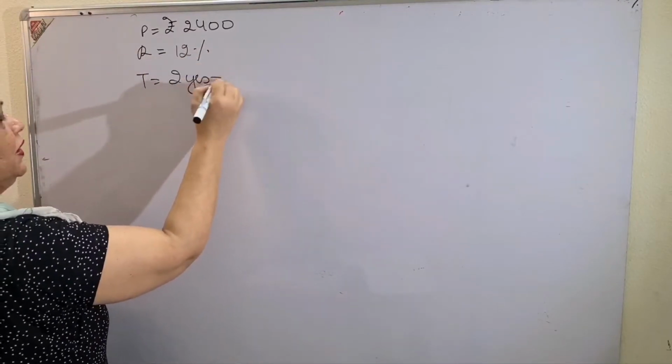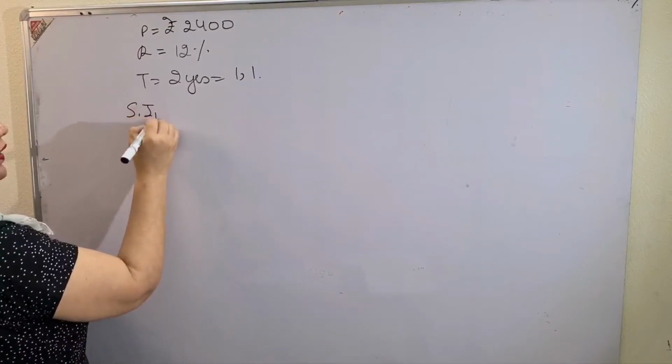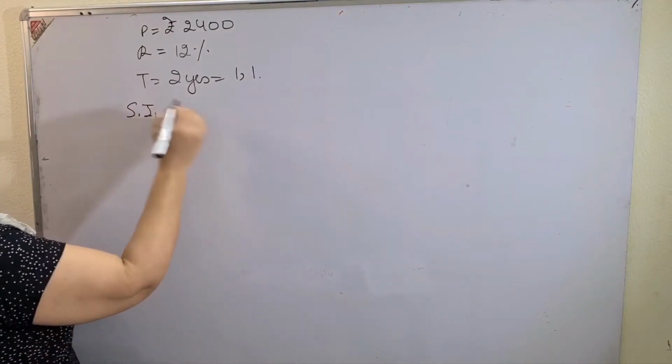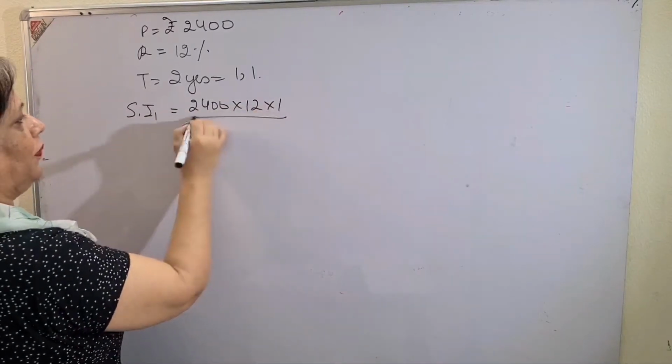2 years means 1, 1. Now SI1, same method, 2500 into 12 into 1 upon 100.